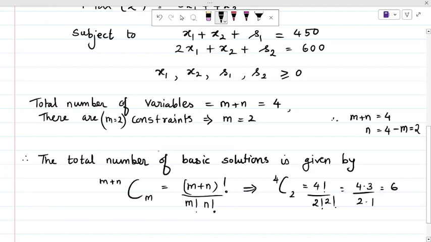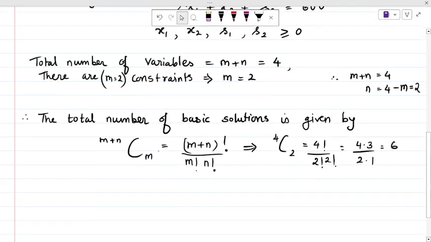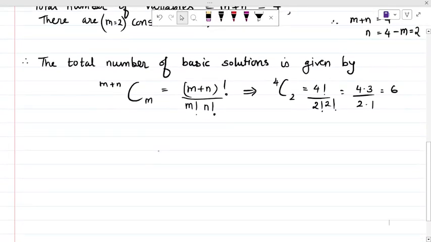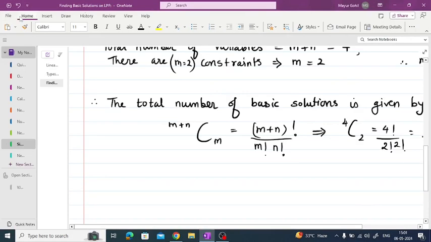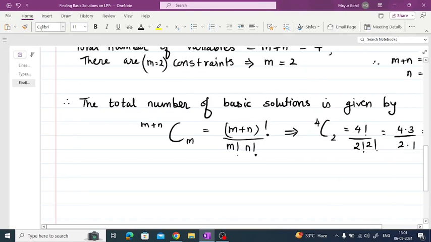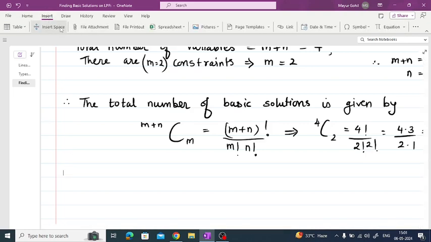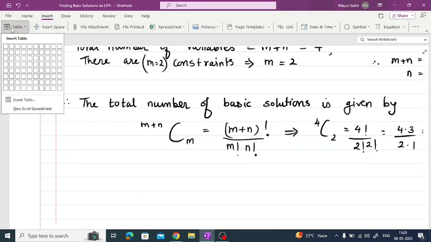Now we need to make a table that will help us understand the whole process of getting the answer. So I'll insert a table over here. First you can check how many columns are needed.